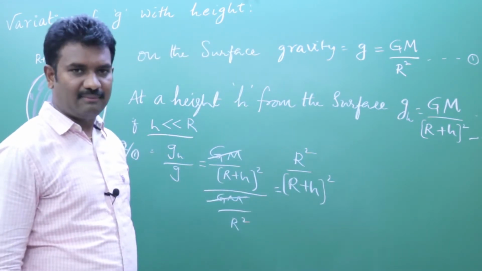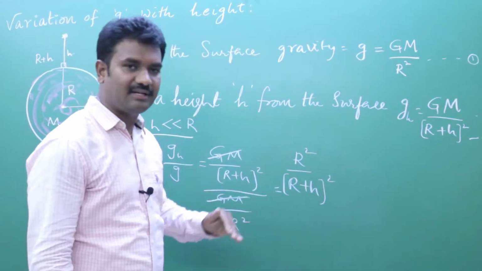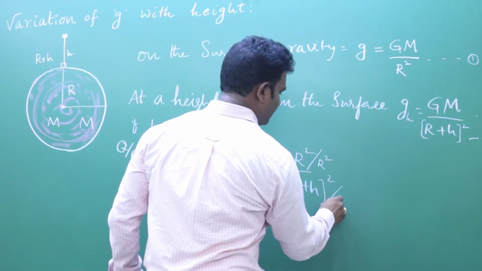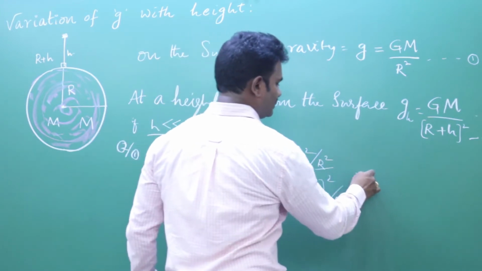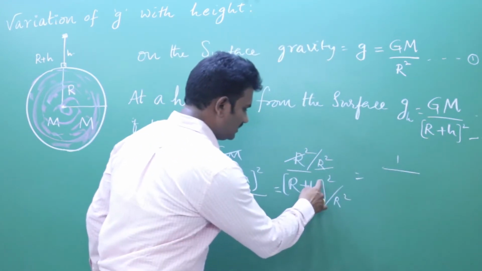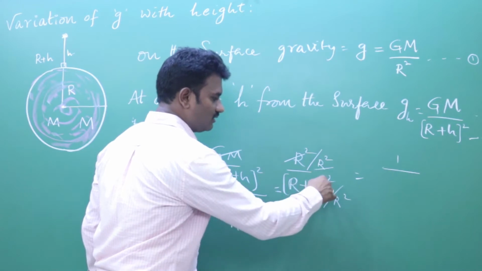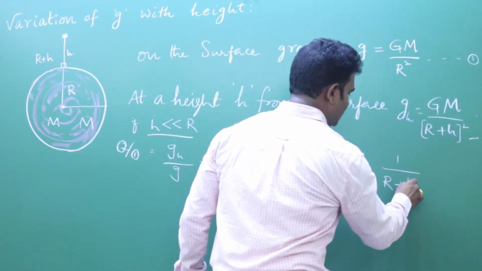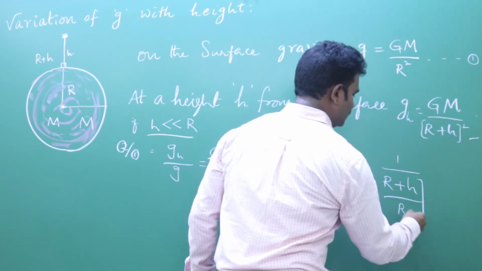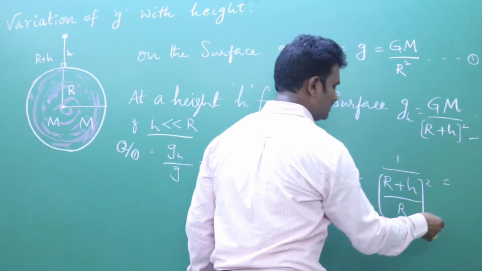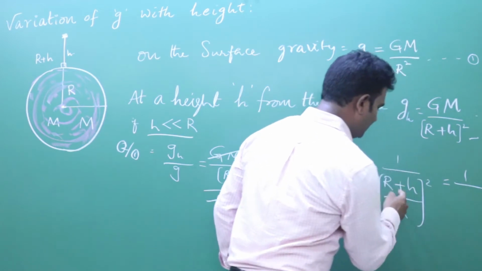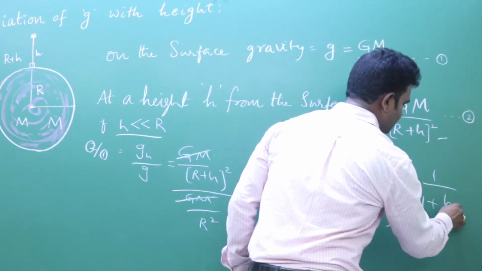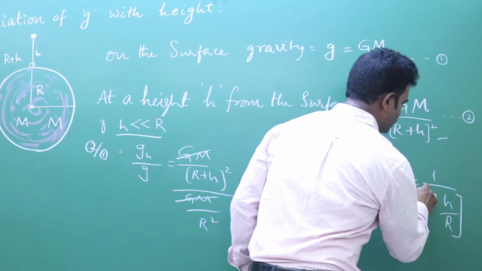To simplify this, I am going to divide both numerator and denominator by R square. This gets cancelled. It is equal to 1 by (R plus h by R) whole square, which is nothing but 1 by (1 plus h by R) whole square.